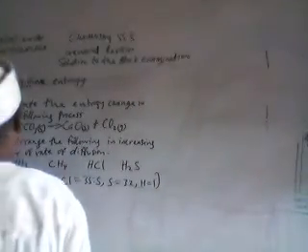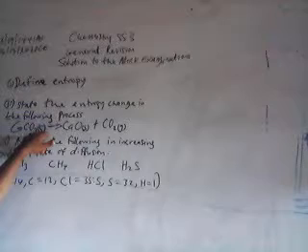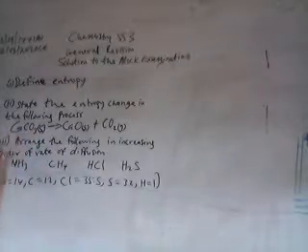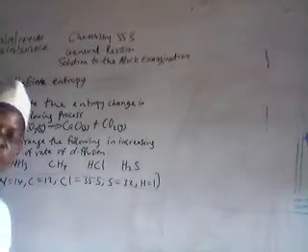Now you have an equation. That is question 1E2. You have an equation where a solid substance forms another solid and a gas. Here it is entirely solid. Here you have a solid and a gas. So the disorderliness of the product is more than the disorderliness of the reactant.